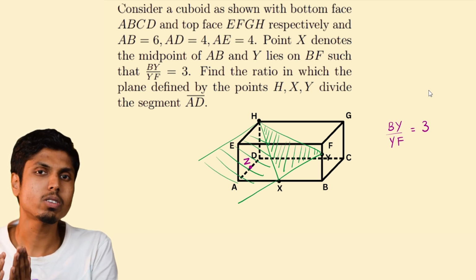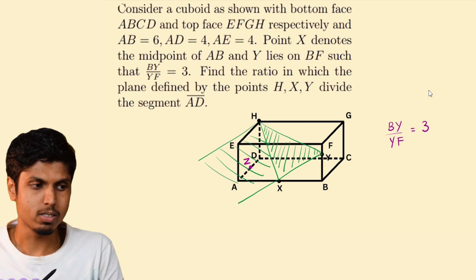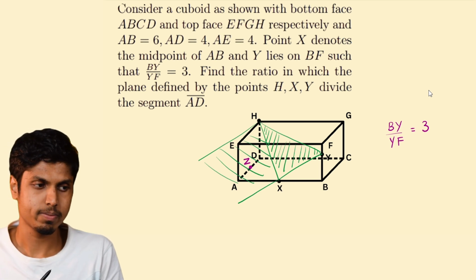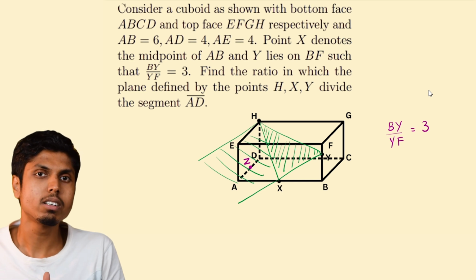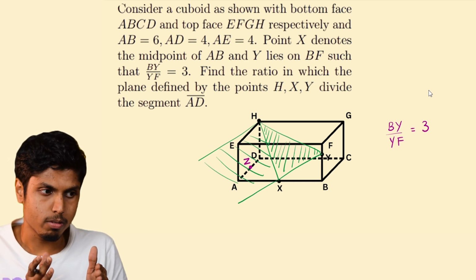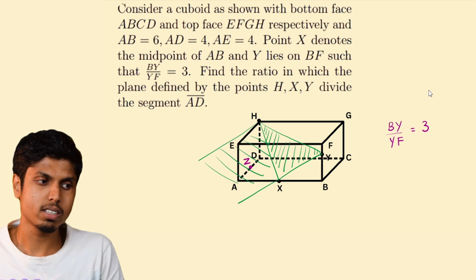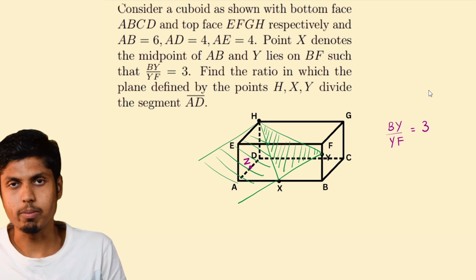So it's not going to contain the entire line. So point A will lie outside, and thereby point D will lie outside. So this is evident from visual conclusions. So let's get deeper into this claim.